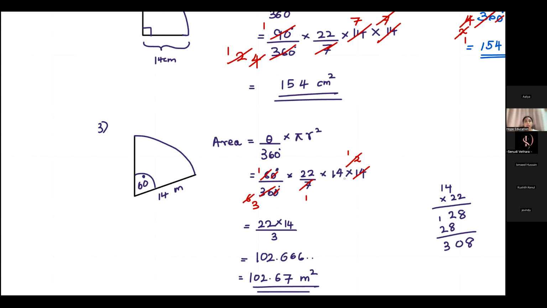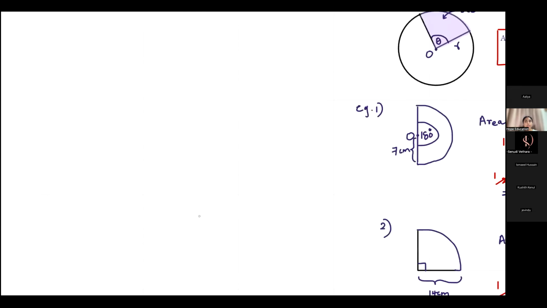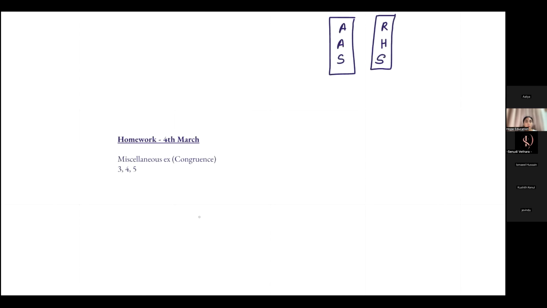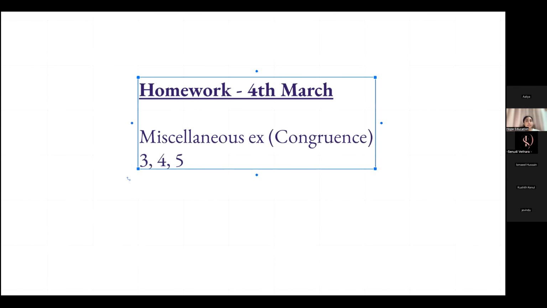We'll stop there. And I have to add to our homework list. For the homework, this is our homework list. Exercise 6.1. Now we have learned the theory part of this lesson.